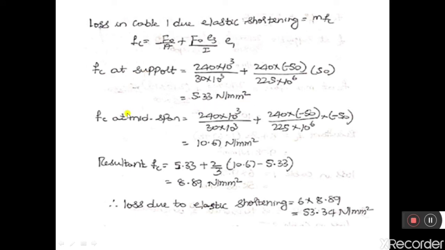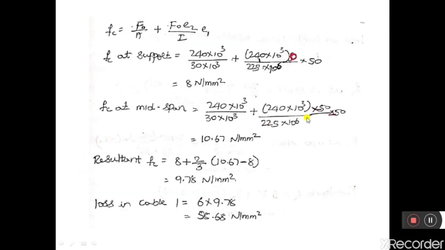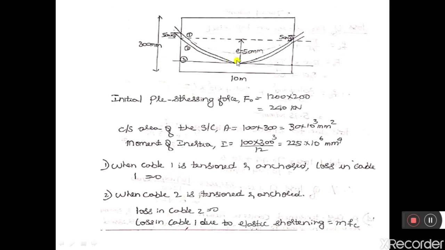So compressive stresses in the concrete due to eccentricities at the midspan is equal to F naught by A. Substitute the values. So here e3, that is eccentricity of cable 3 at midspan, is minus 50, and e1, eccentricity of cable 1 at midspan, is minus 50.